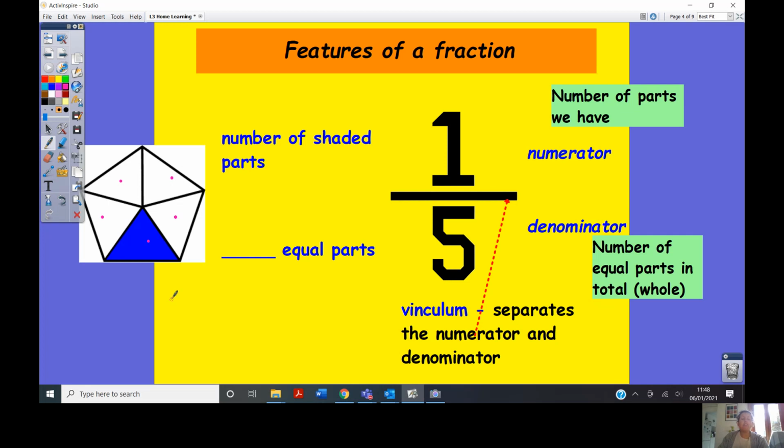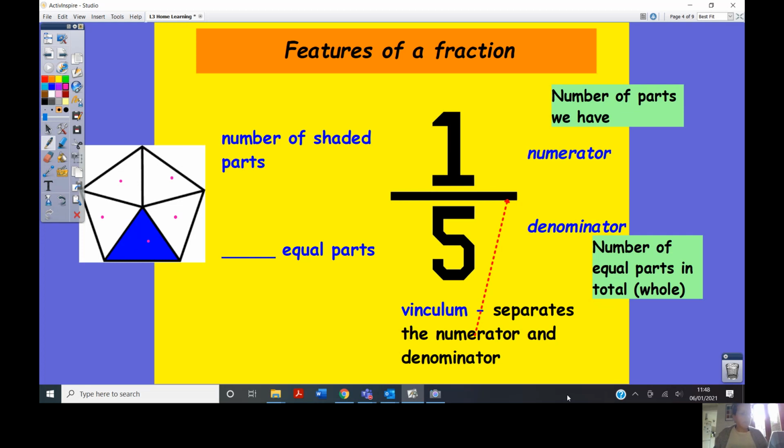Then the total number of shaded parts, which is in this case the number of parts we have, is 1, which means our numerator is 1. 1 part of 5 parts of this pentagon is shaded. 1/5 of the pentagon is shaded.